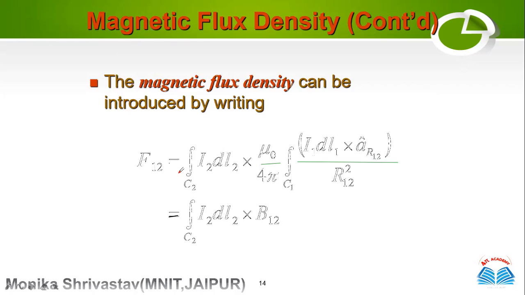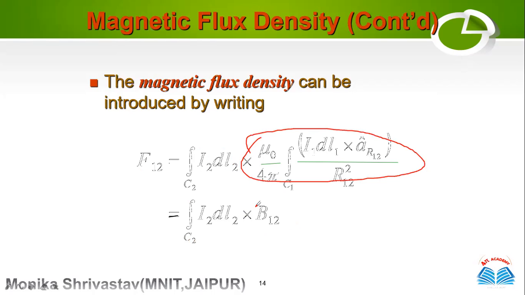So F12 is equal to the integral over C2 of I2 dl2 cross mu naught over 4 pi integral of I1 dl1 cross aR12 over R12 square. So this I2 dl2 is the same, and all this stuff I am writing as B12. This B12 is your magnetic field.